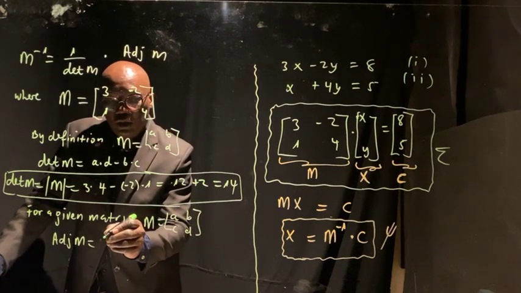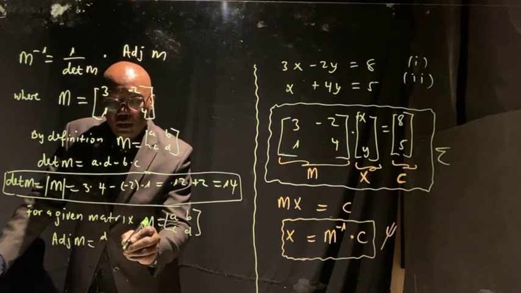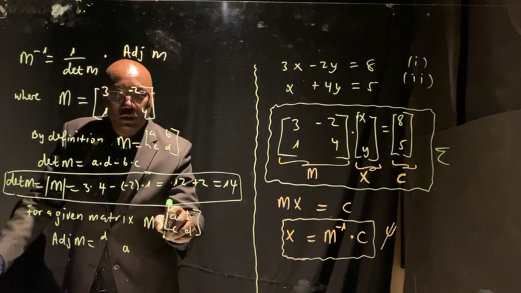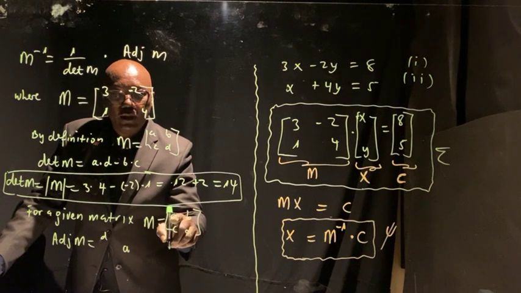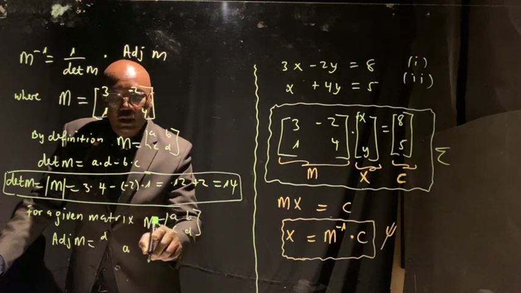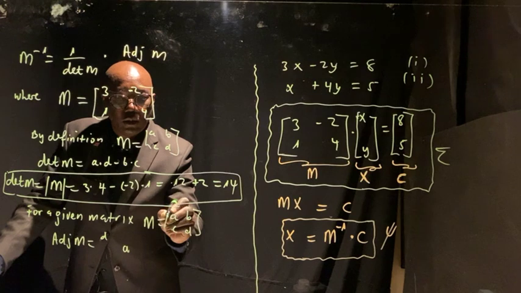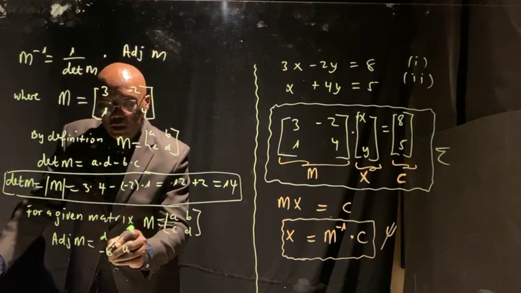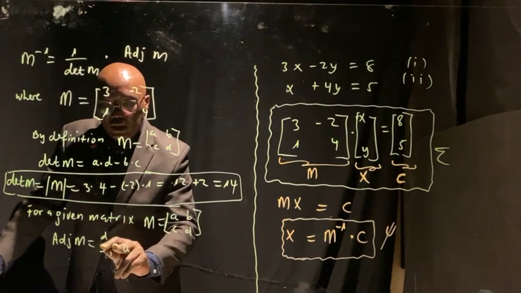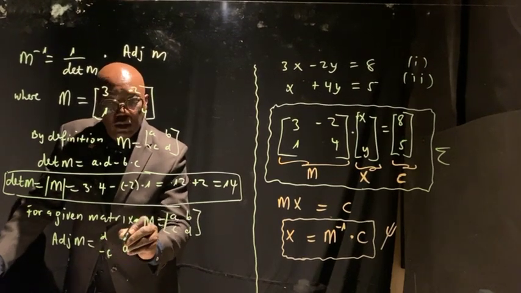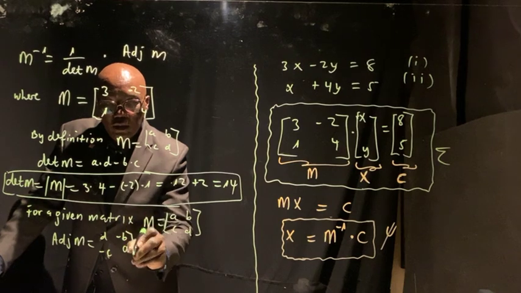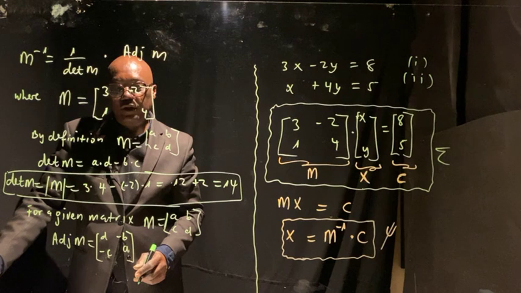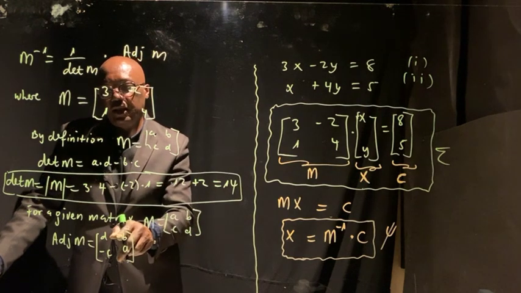So we have D, A. But as we have swapped the positions of A and D, we will negate B and C. So this one becomes negative C, negative B. The positions of B and C do not change, but their signs change.